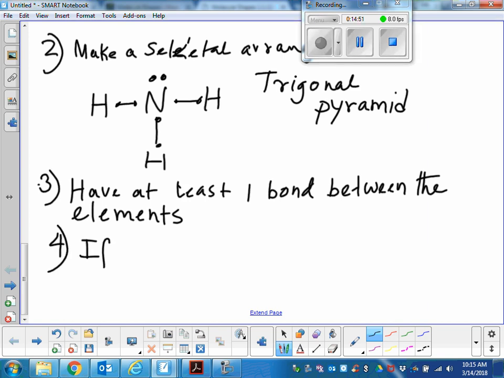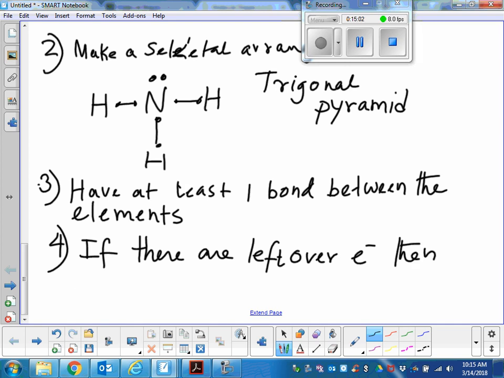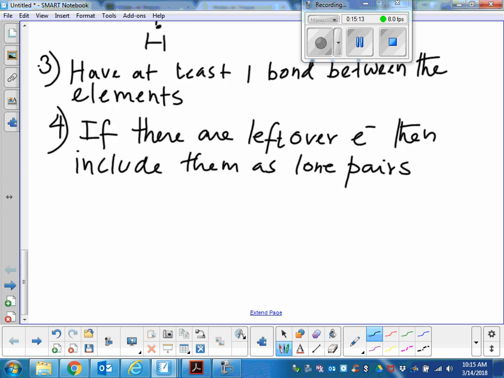If there are leftover electrons, then include them as lone pairs where necessary, right? Are we good? All right.